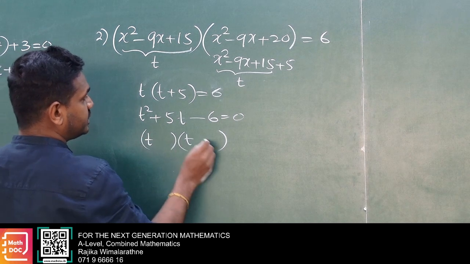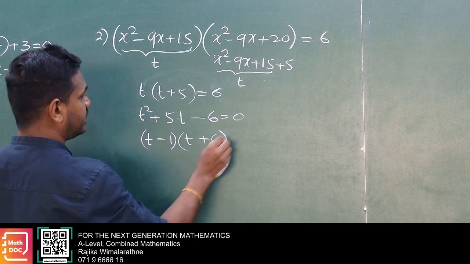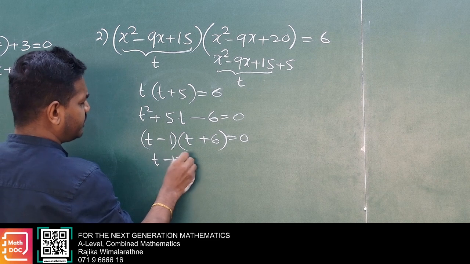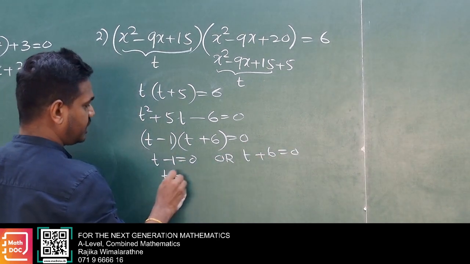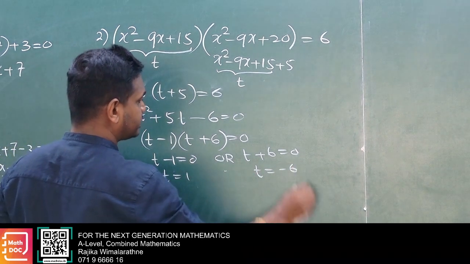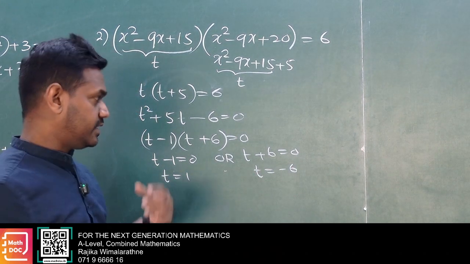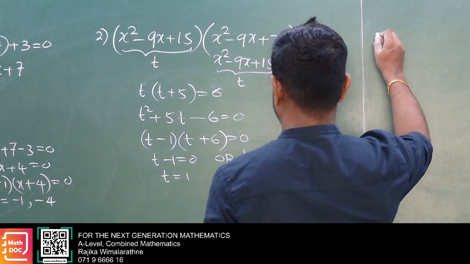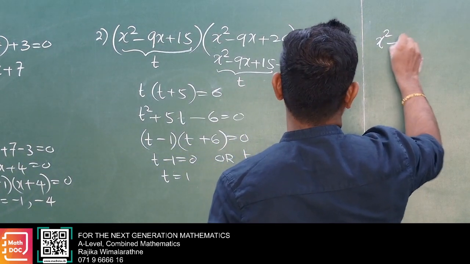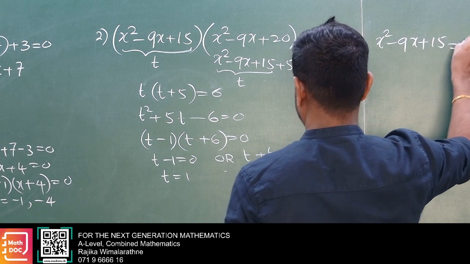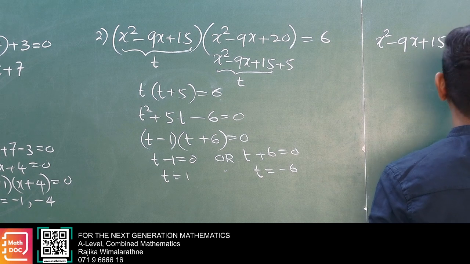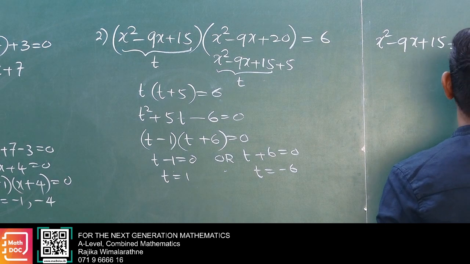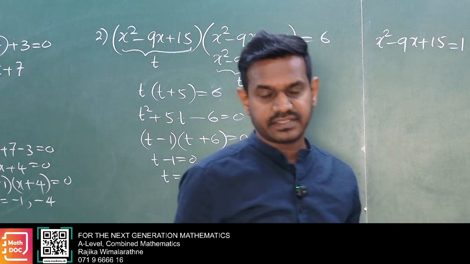Then factorize: (t minus 1)(t plus 6) equals 0, t equals 1 or t equals minus 6. Then you can proceed. t means x square minus 9x plus 15 equals 1, or x square minus 9x plus 15 equals minus 6.